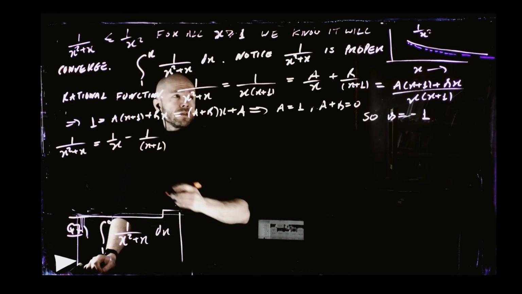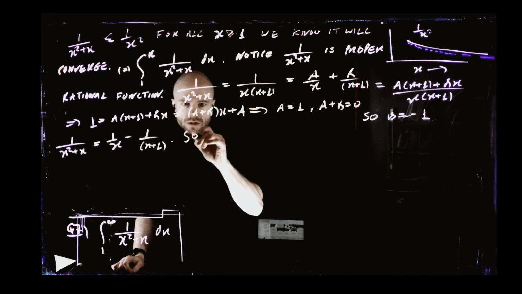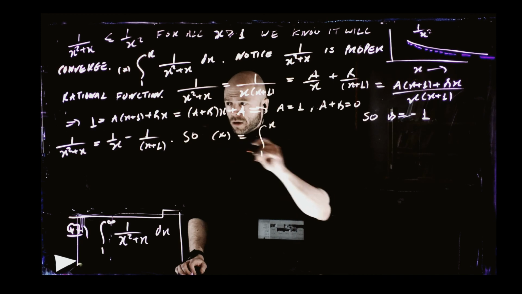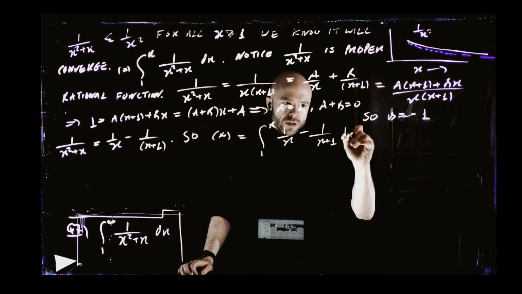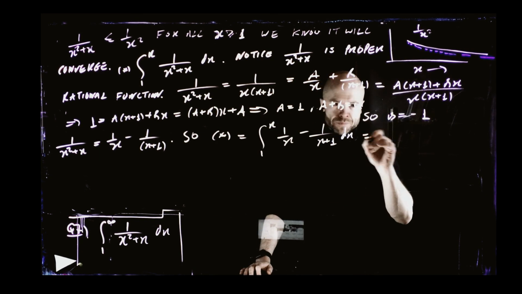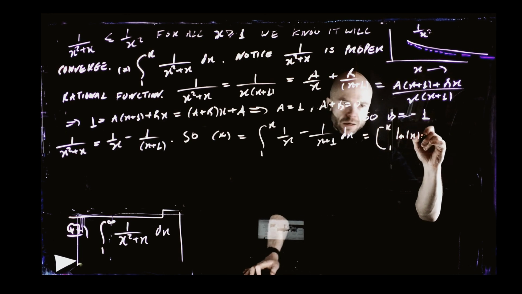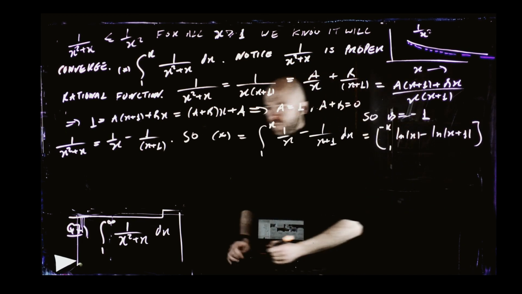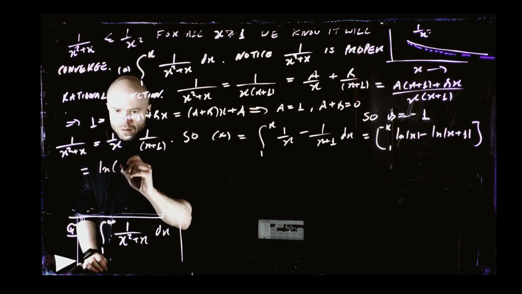So then we can do this integral here. Let's call this thing star. Star is equal to the integral from 1 to r of 1 over x minus 1 over x plus 1 dx. And then what is this? This is log absolute value of x minus log absolute value of x plus 1. Evaluating, this is log of r.